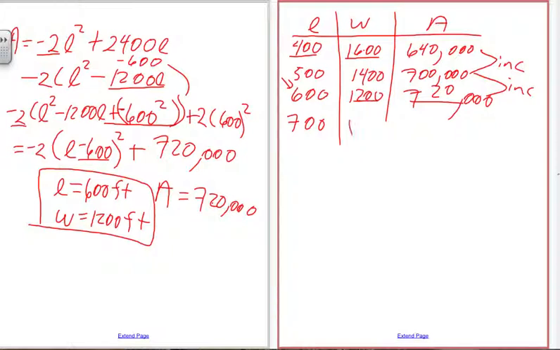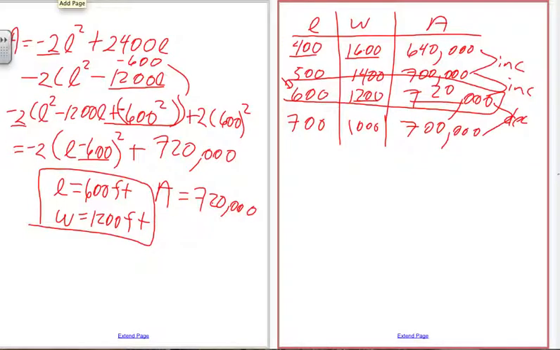And that should give me 1,000. When I plug it in, I end up with 700,000. And I've got a decrease. That makes me feel really good about this being a maximum.